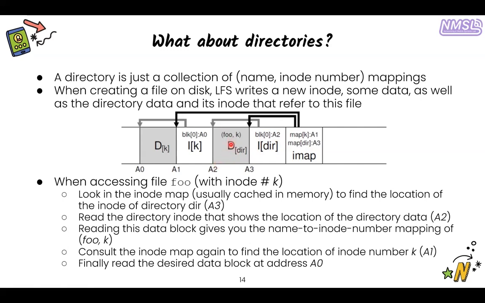It looks like it has foo in it. Then you do another read on the map. It says file K's inode is at A1, so you have a pointer here. You look at it, and the inode says the data is at A0. So if you're trying to access a file in a directory, you go into the directory, which first tells you where the directory is and then where the file is.